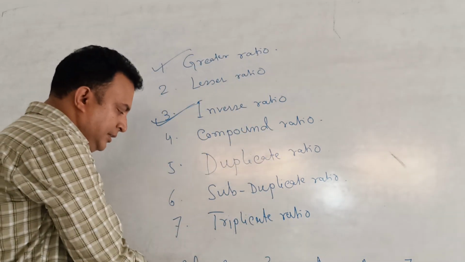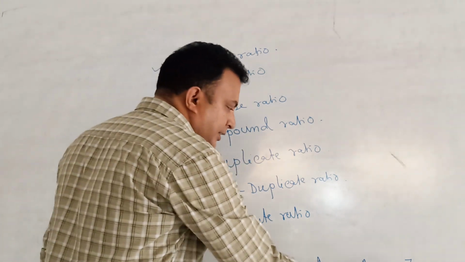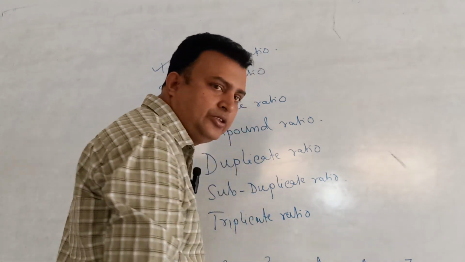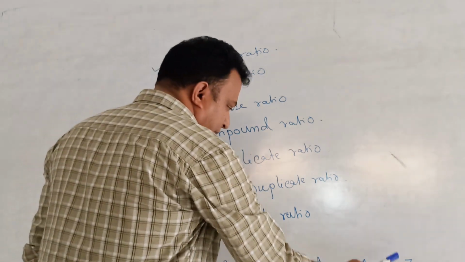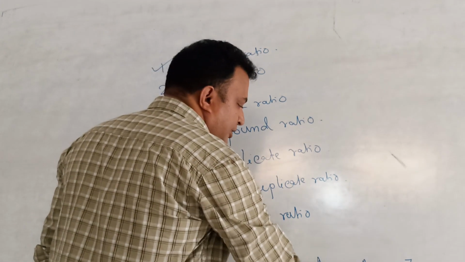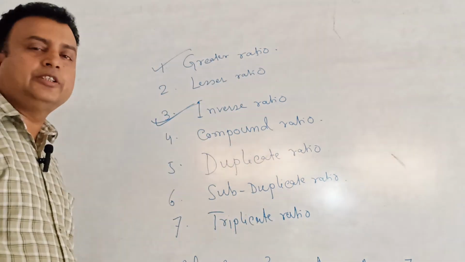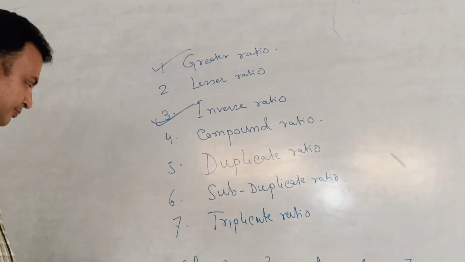Why? Because here A share is 3, B share is 7. Here A share is 7 and B share is 3. Reverse. So this ratio is called inverse ratio of second. First ratio is called the inverse ratio of second.